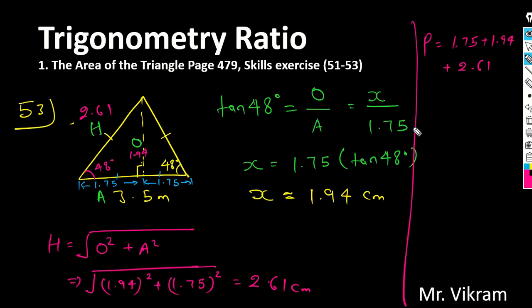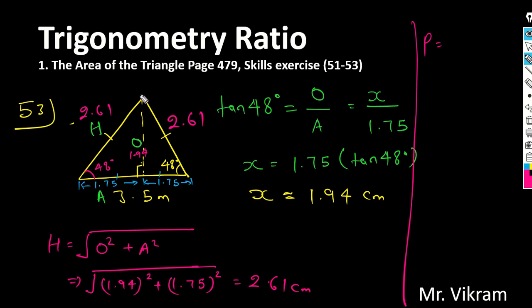We are getting 6.30. So the perimeter in this case is 6. Did I miss anything? Okay, yes, I missed something. Actually this is not right, one second, that will be the perimeter of this smaller one. So this side will be 2.61.